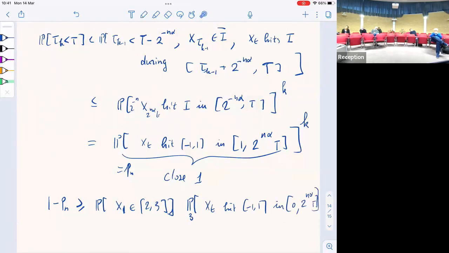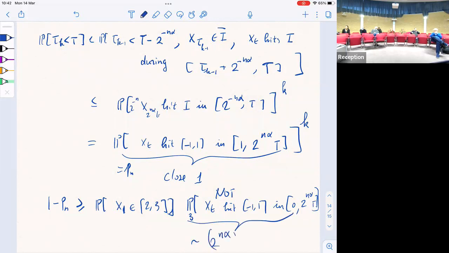If this happens, if your process satisfies this property, then it is not going to hit this interval. And this is precisely the hitting time asymptotic. So this is basically tau 1. So this is the hitting time asymptotic, which is known in the literature.